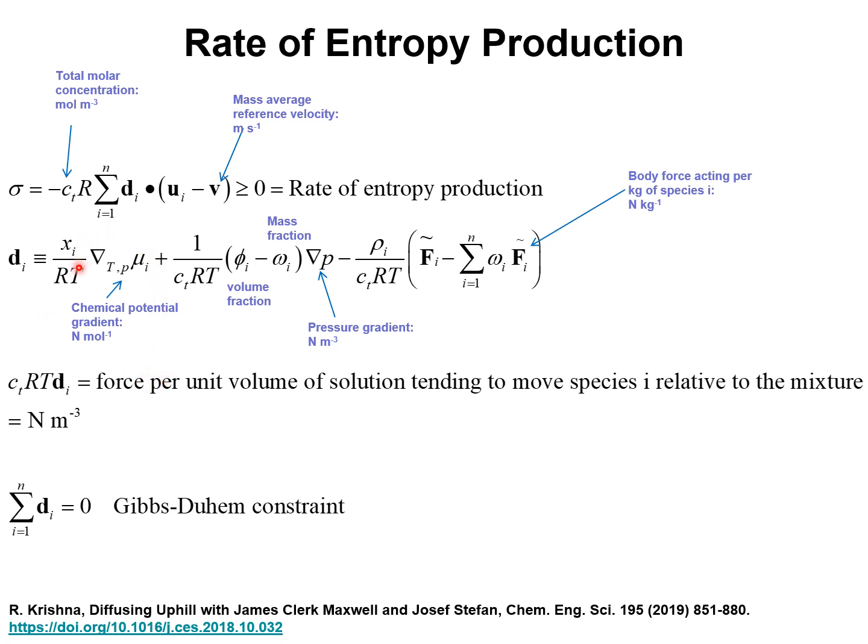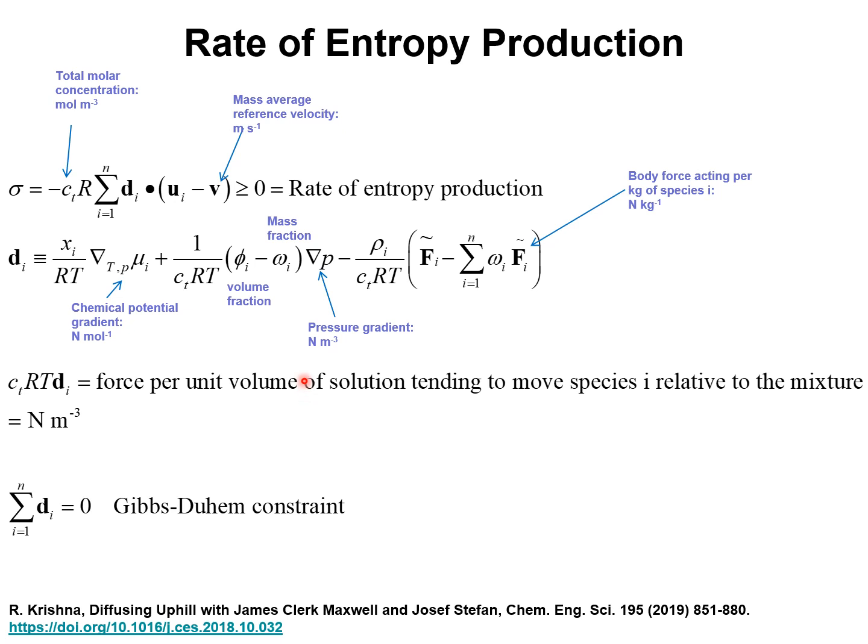The first one is due to the isobaric isothermal gradient of the chemical potential. The second term consists of the contribution of the pressure gradient, and this has a term that is the difference in the volume fraction phi i and the mass fraction omega i.